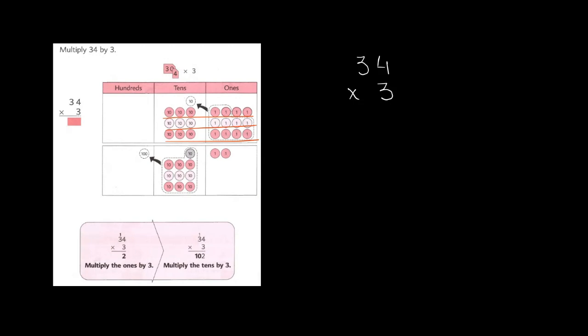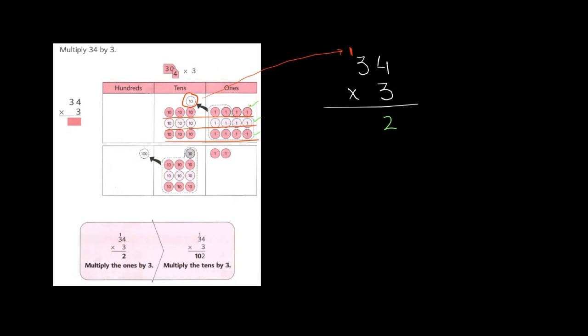So I have one 4, two 4s, and three 4s, right? If I do three 4s, the answer is 12 ones. So I'm going to save the 2 over here, but I'm going to push a 10 onto the tens place. This is exactly this 10 that is being pushed over here.